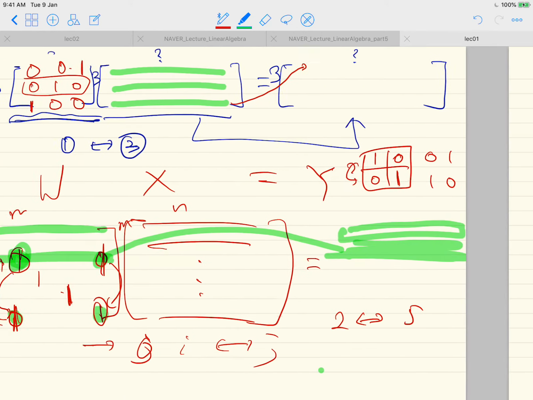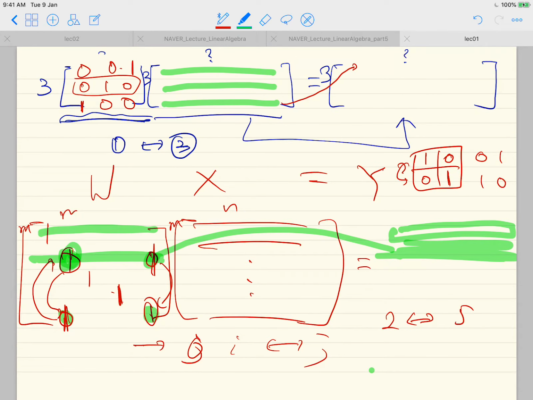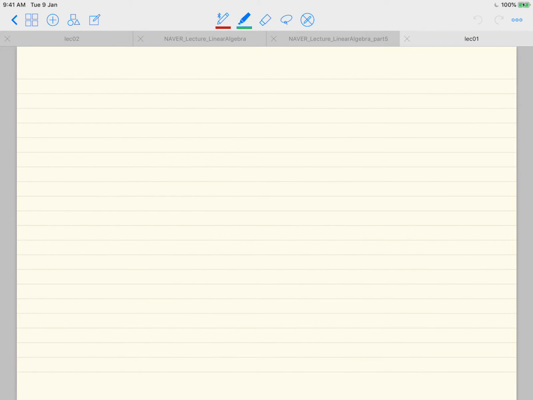This is a kind of generalization into a larger matrix where we just interchange the i-th and j-th rows, and we now further generalize this into something called a permutation matrix.